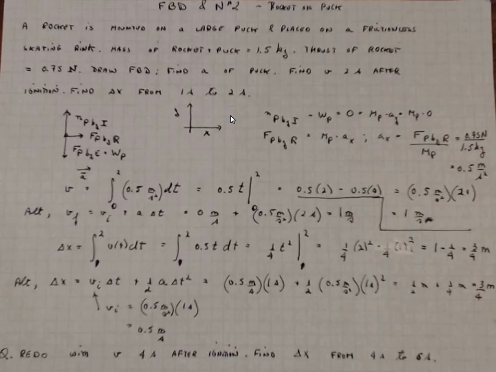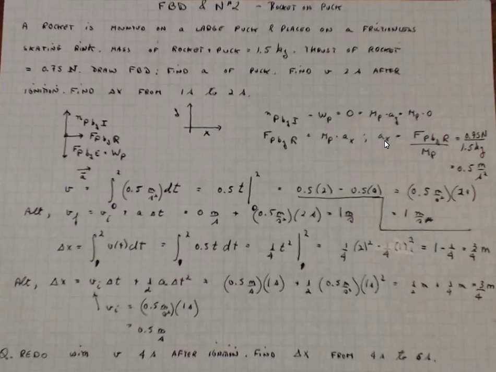With our standard coordinate system, Newton's second law in the y direction says that the normal force of the ice on the puck minus the weight of the puck is 0 because the acceleration in the y direction is 0. And Newton's second law in the x direction says that the net force, since there only is one force in the x direction, the force of the rocket on the puck, is the mass of the puck times the acceleration of the puck.